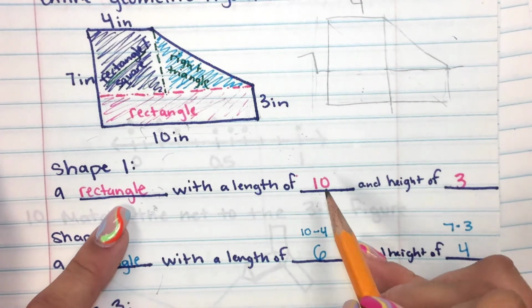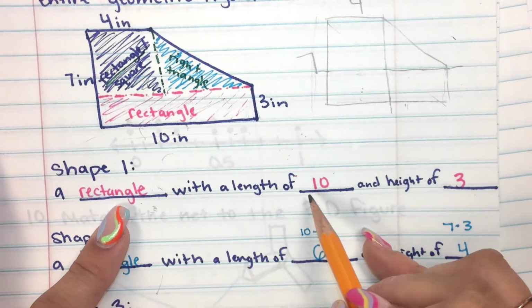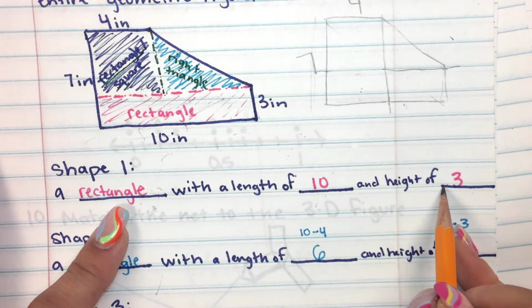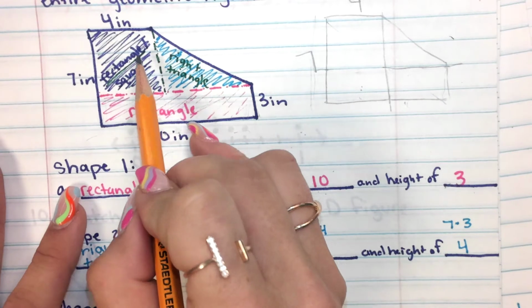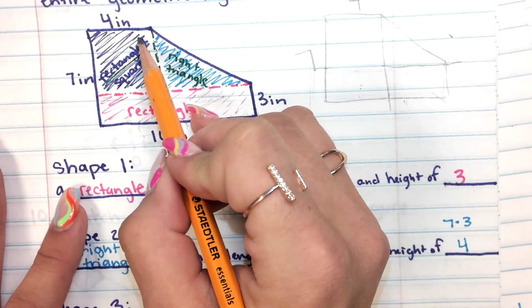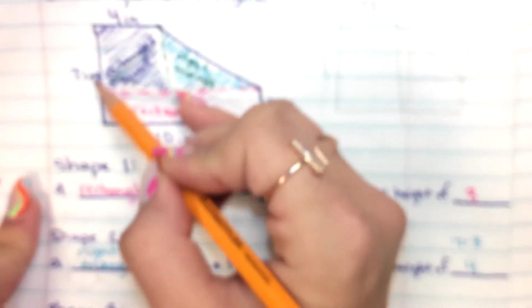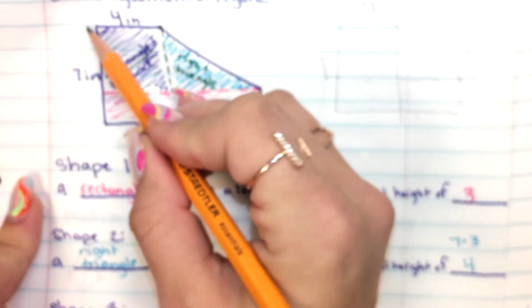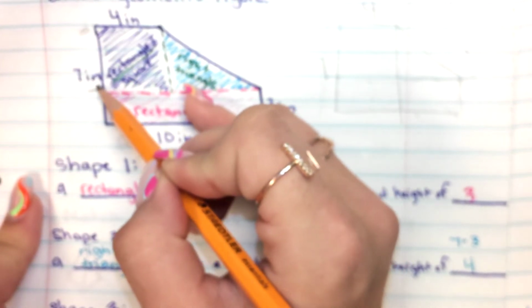So you could have had a rectangle with 10, 3, or if you did this shape, you could do a rectangle with 4 and 7. 4 first, then the 7. Okay? Then this rectangle right here, people were doing 7 and 4. You can't. The other rectangle is not 7 tall. From here to here is 7. What is it from here to here though?